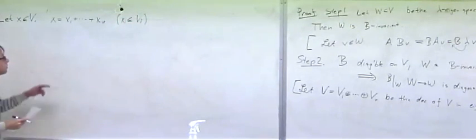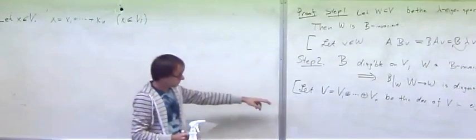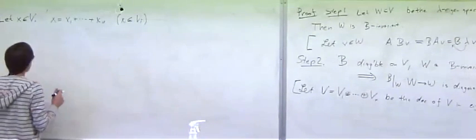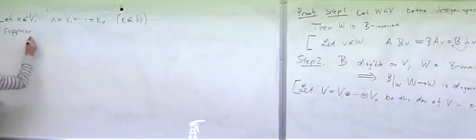I can write any element of the vector space as a sum of elements of these eigenspaces.